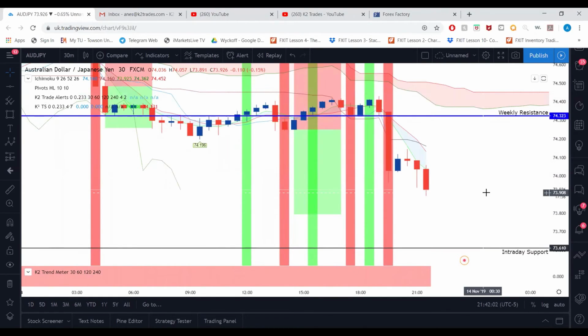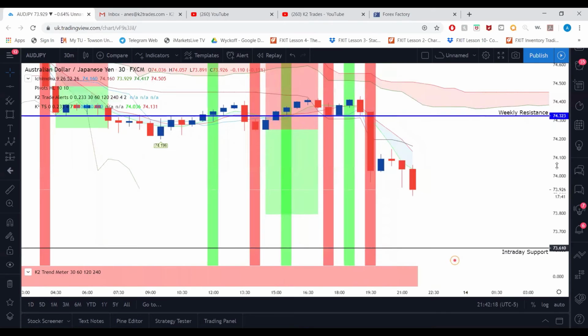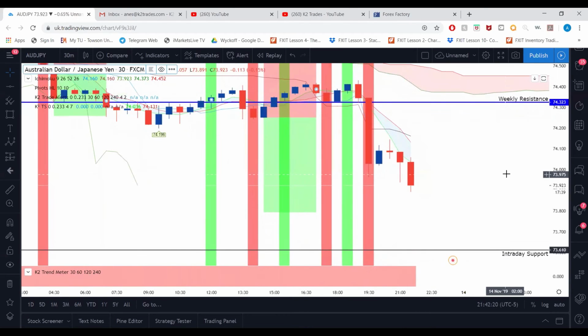So are you in the trade, or you were thinking about it? Because if you are thinking about it, move on to the next one. Do not sell now. And if you entered, where did you enter? Or you are trying to tell me that you saw the signal, but you didn't enter it.